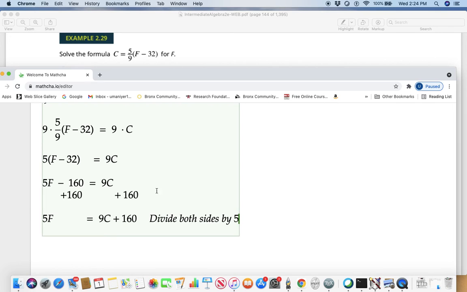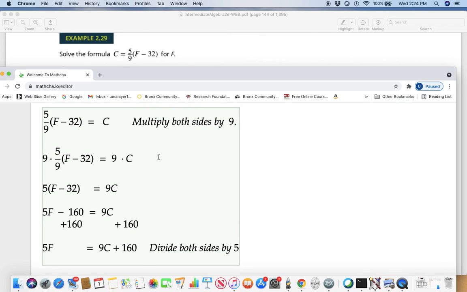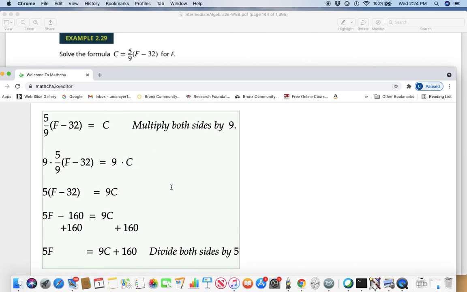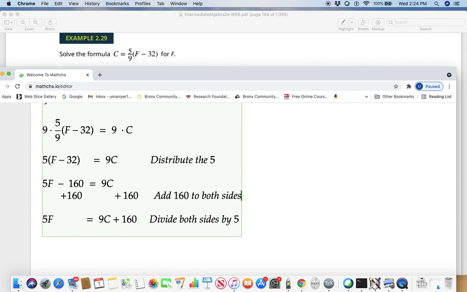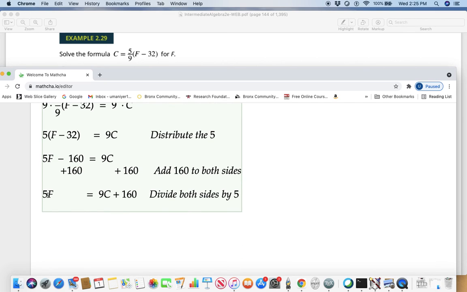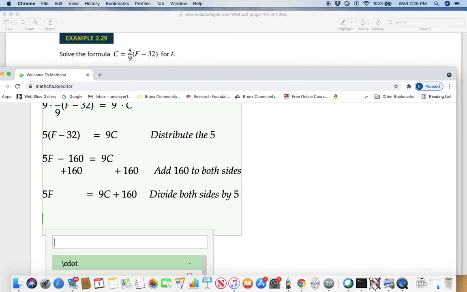To solve for F, I need to divide both sides by 5. Oh, I forgot to write down what I was doing here. So multiply both sides by 9. Distribute the 5. And what did we do here? Add 160 to both sides. Now, you want to solve for 5F, so you're dividing by 5. Notice you have to divide both sides by 5. What does that mean?